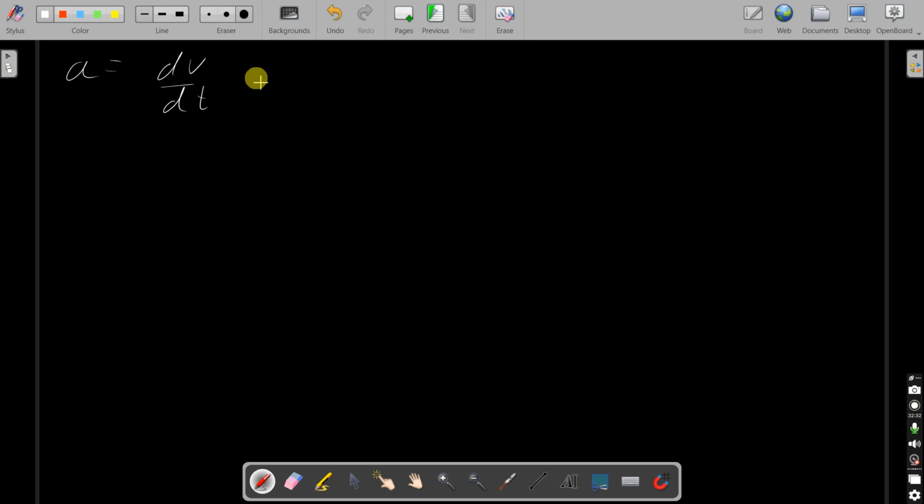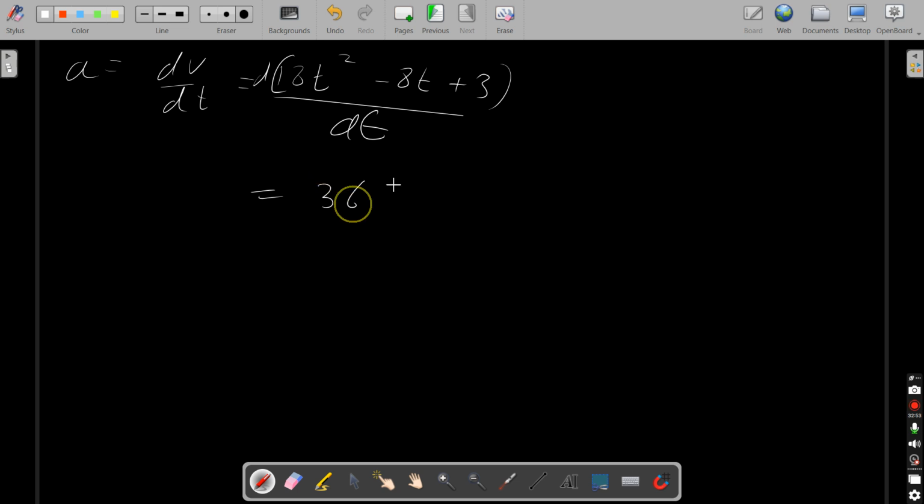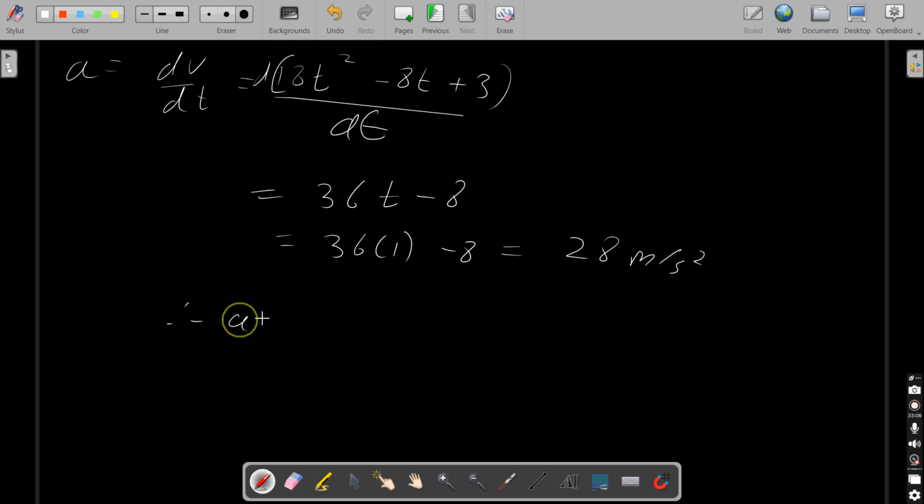So we differentiate the velocity, that is 18t squared minus 8t plus 3 upon dt, which means 36t minus 8. 36 into 1 minus 8, which is 28 meter per second square. That's our acceleration.